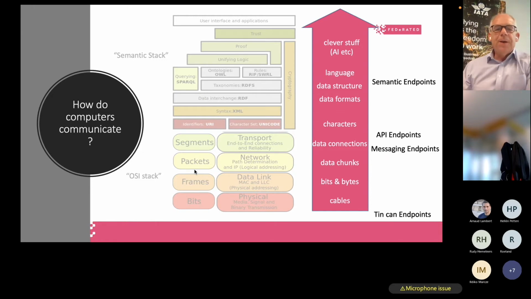And the semantic stack is all about simple formats that we all use, like a URL or an XML document. And then we work our way up to super complex things which are being used in AI. Okay, so this is how computers communicate. But it all starts with, believe it or not, the simple concept of a tin can communication.